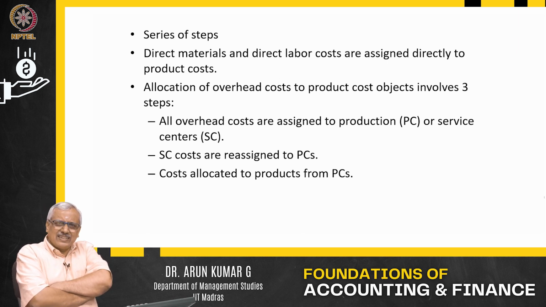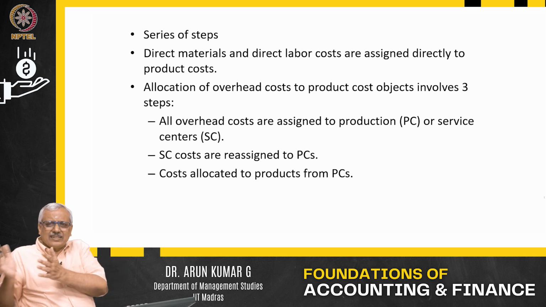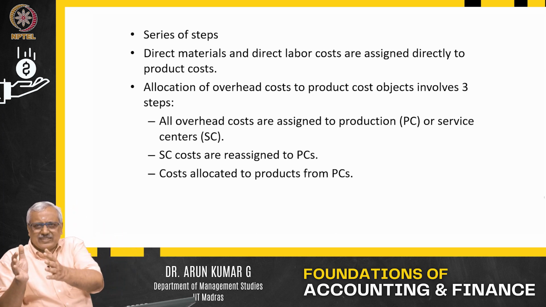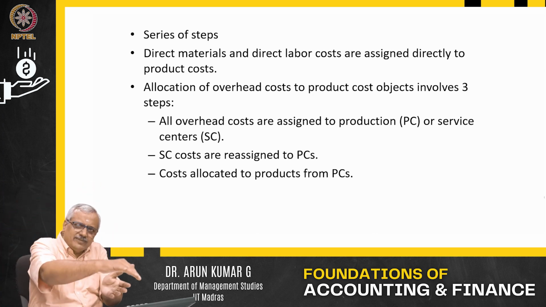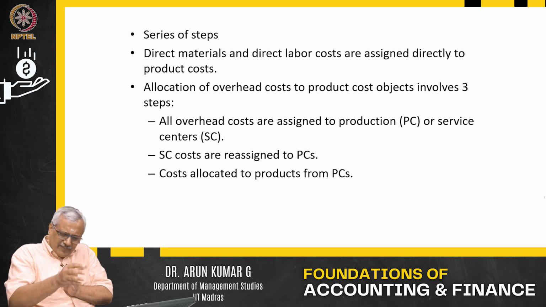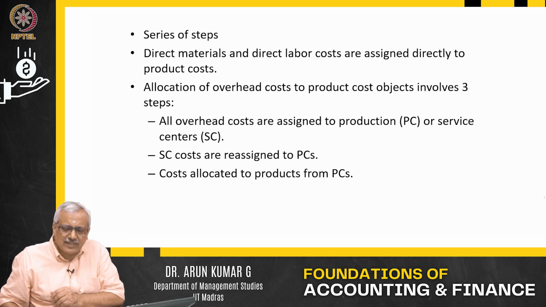The service centers will then reassign their cost to the production centers. So there are production centers, there are service centers, and there are some other costs. All the costs are assigned to the production or service centers, then the cost of the service centers gets reassigned to the production centers, and then the final cost of every production center is calculated. I will deal with this with the help of an example.